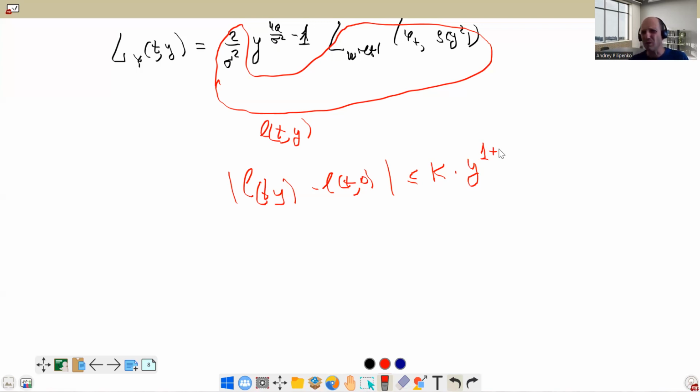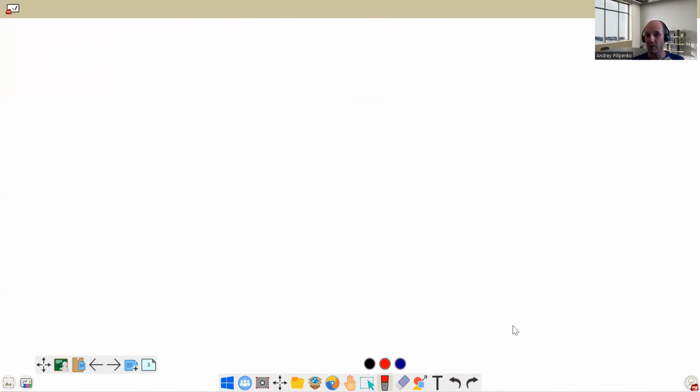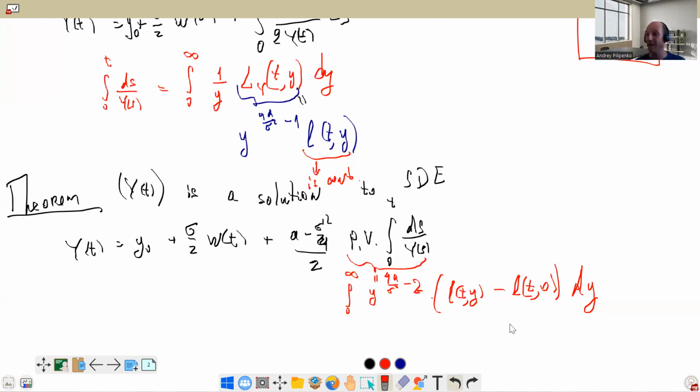And you can calculate this positive number explicitly using this a and sigma squared. So let me write just some nu. So you have this asymptotic, and if you plug this asymptotic into the definition of principal value, you will see that this integral is well defined. Actually, it was not clear that this integral is well defined. Now we see that this integral is well defined.